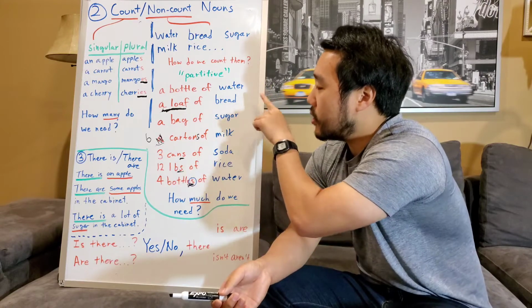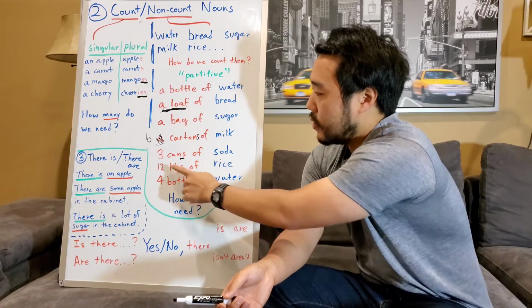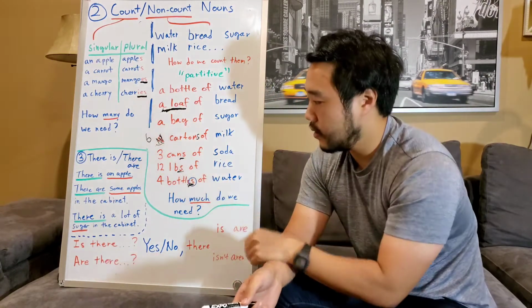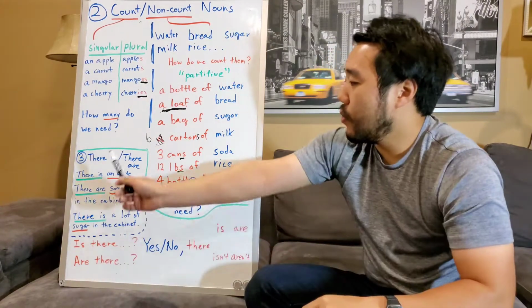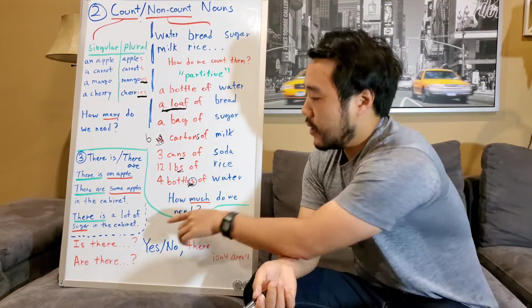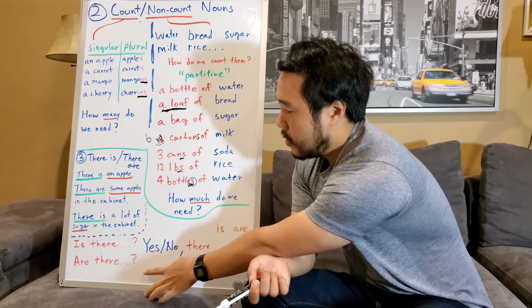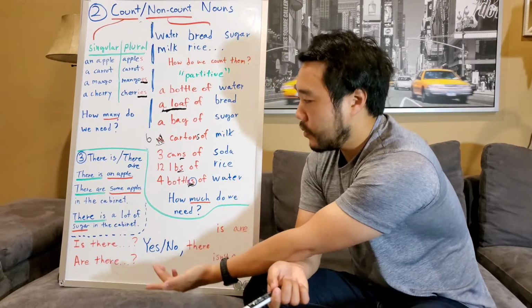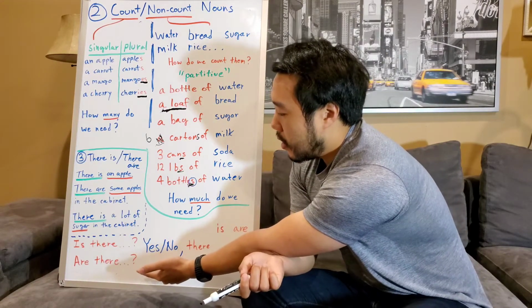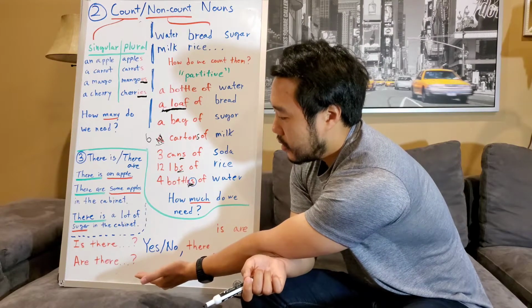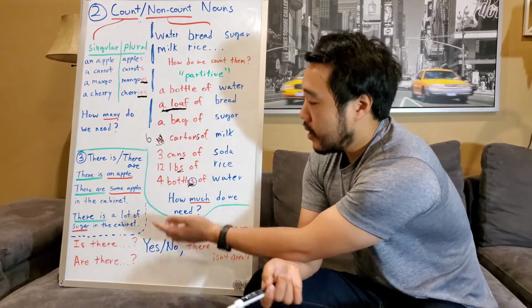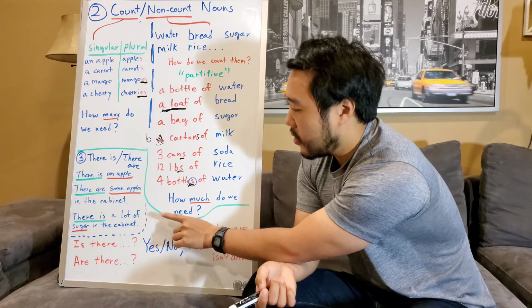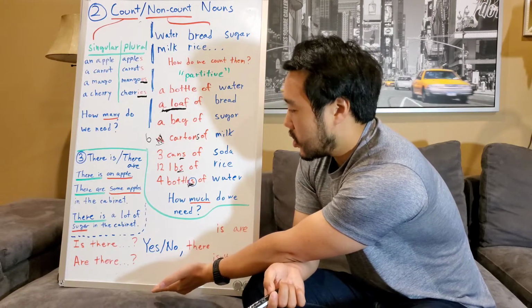We use partitive to make it plural. So here are 3 cans, more than 1 can, right? And with that, we can ask a question: is there or are there? So is there an apple? Are there any apples? And for the non-count, you say, is there any sugar?